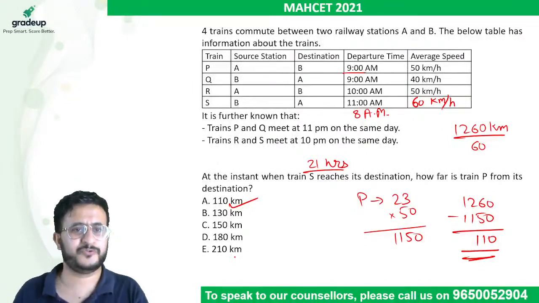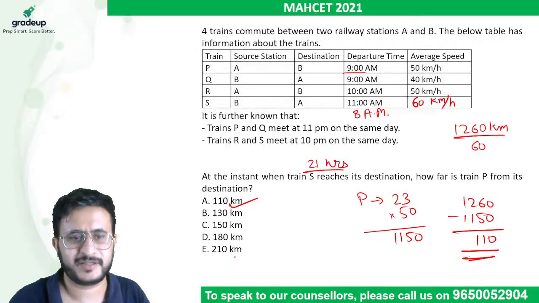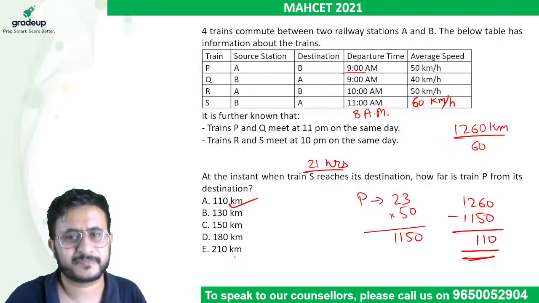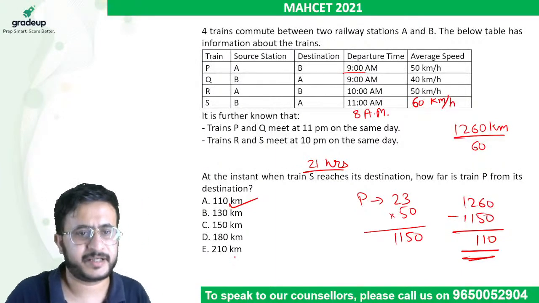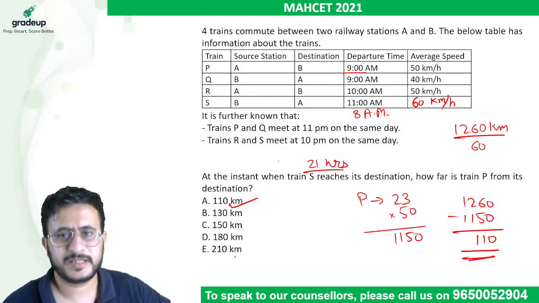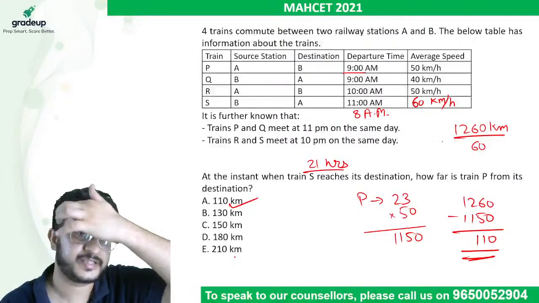Suppose if you were given a question like this, that there are two trains, one is starting at this time, you would have got it wrong. Got it that P is starting early. See, S will take 21 hours. 1260 kilometer is the distance.